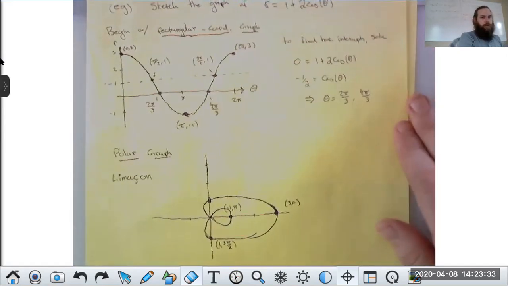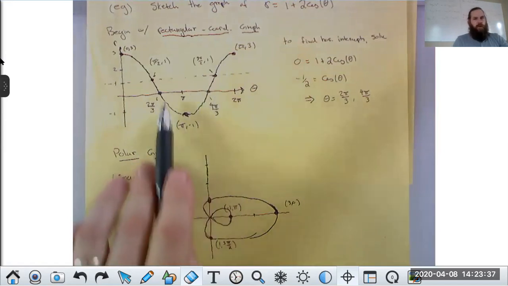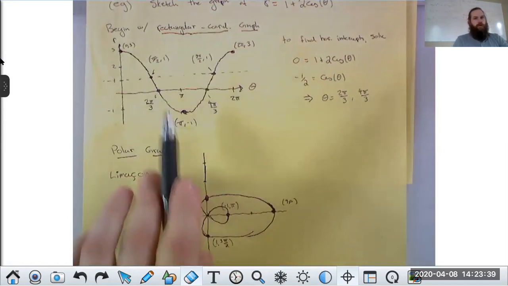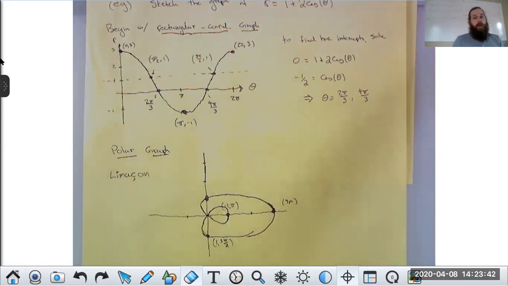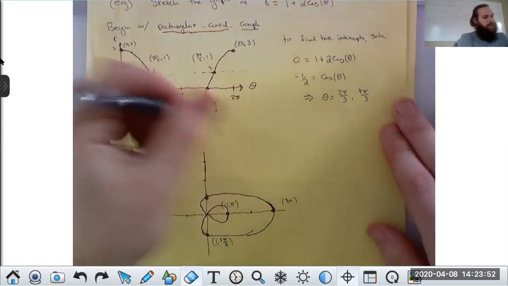And the answer comes from looking at the rectangular coordinate graph. This guy's rectangular coordinate graph spends some time below the horizontal axis. R is sometimes negative there. Whereas in the other fellow, R was able to come down to touch the horizontal axis, but never actually went negative.